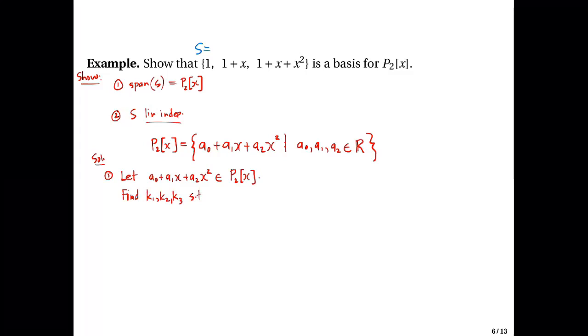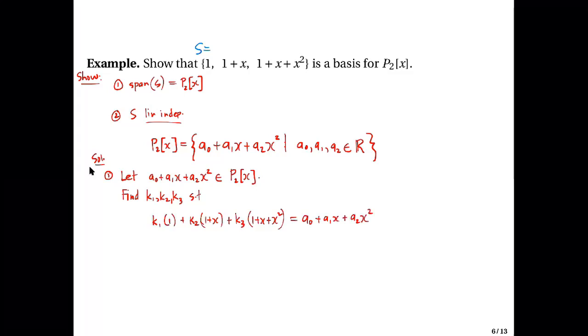let me write this on the left, k1 times 1 plus k2 times 1 plus x plus k3 times 1 plus x squared. So we want to find those scalars k1, k2, and k3 such that this left-hand side equals a0 plus a1x plus a2x squared.